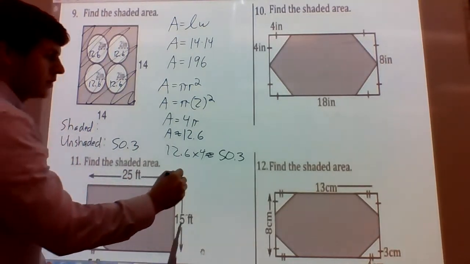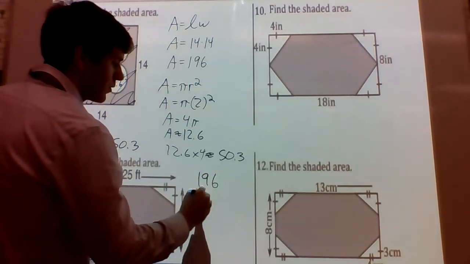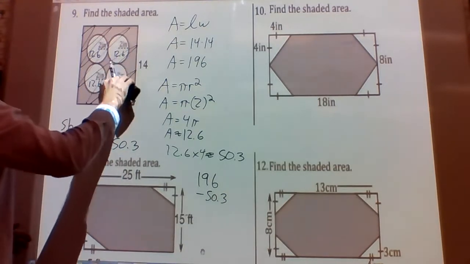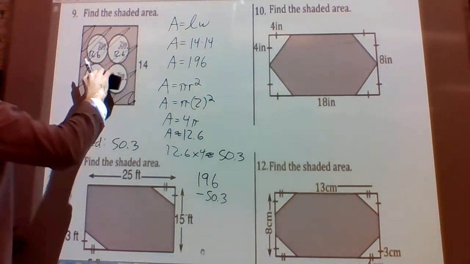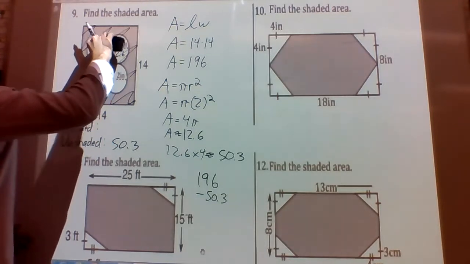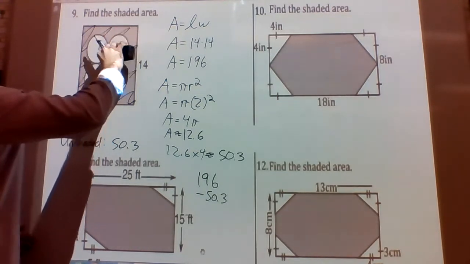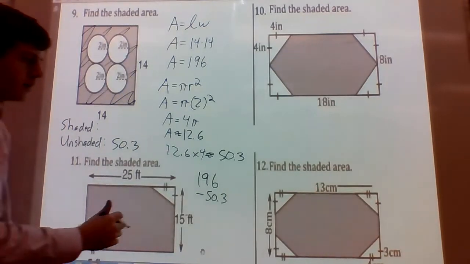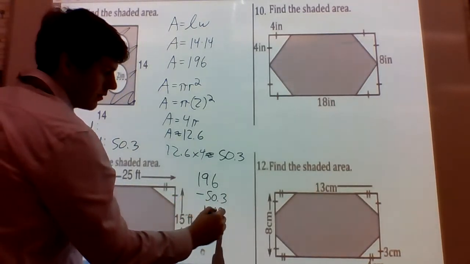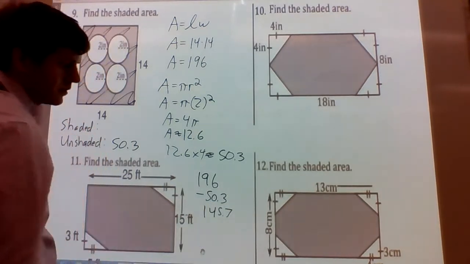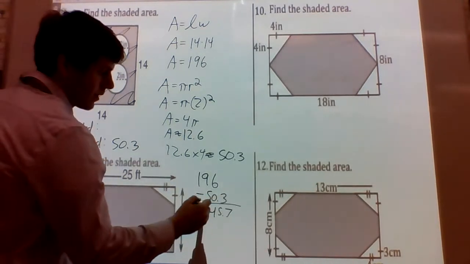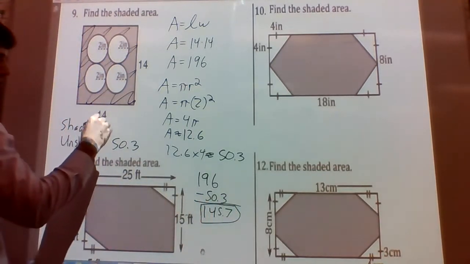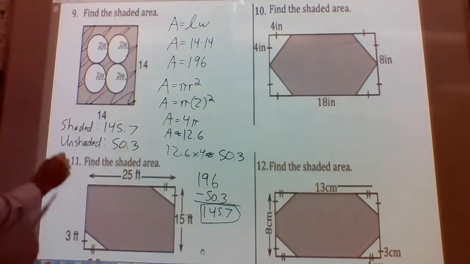If we subtract 50.3, so subtract our circles here, we're going to be left with 145.7. So our shaded area is 145.7.